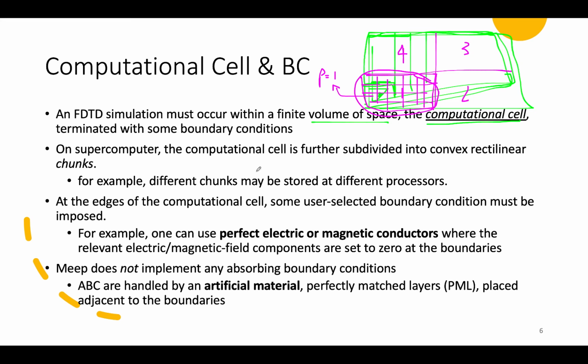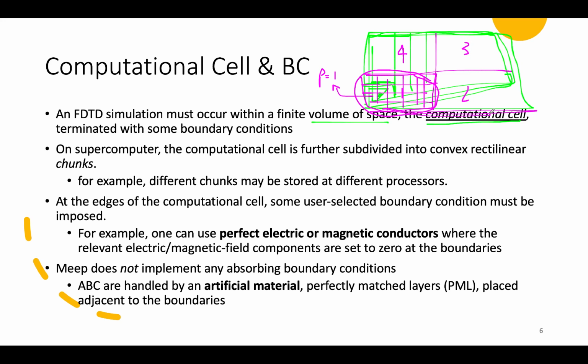When looking at the boundary conditions, Meep provides several user-selected boundary conditions. For instance, we can use a perfect electric or magnetic conductor, where the relevant electromagnetic field components are set to 0 at the boundary. Meep does not implement any absorbing boundary condition per se, so we don't just put a boundary condition here.